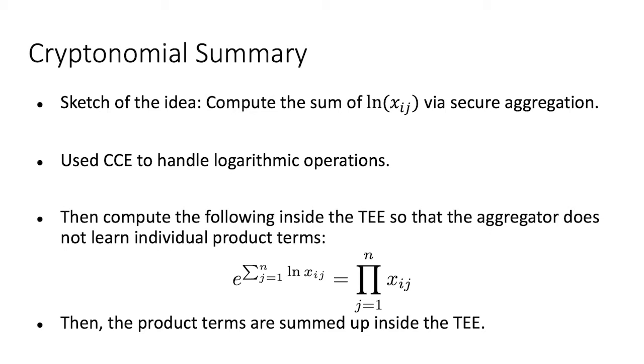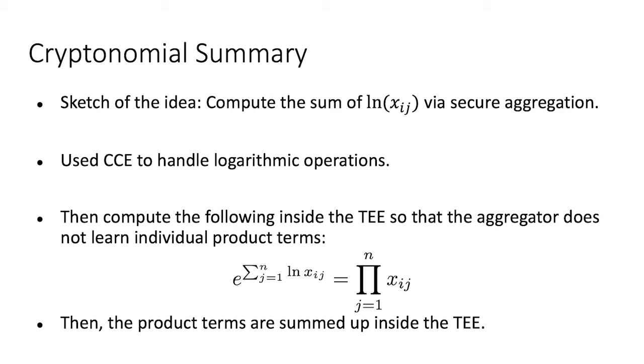Once this is done, their input is a floating point number, so they can use the CCE to encode their input into a polynomial to maintain numerical stability when using logarithmic operations. Once this is done, they can encrypt their input and send it to the aggregator.